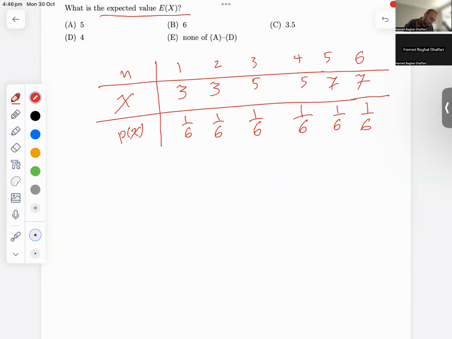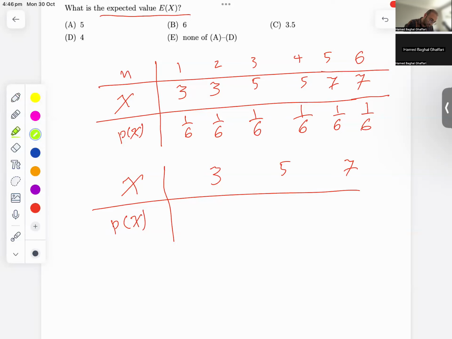So the random variable x can be 3, 5, 7. So this will be 1 over 3, and this one is 1 over 3, and this one is 1 over 3.